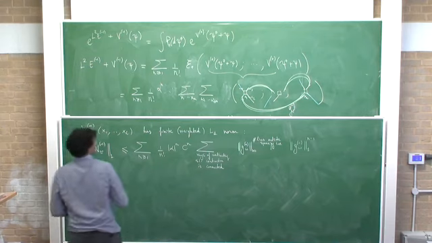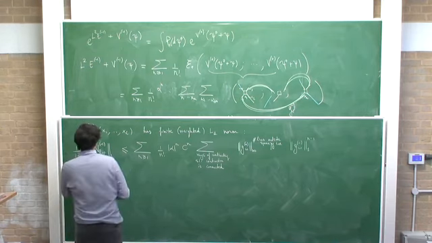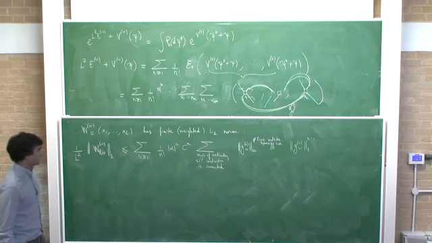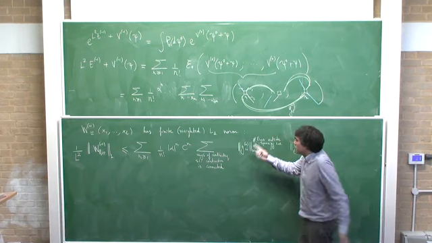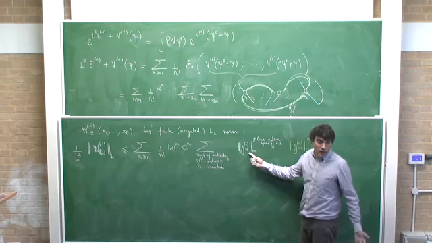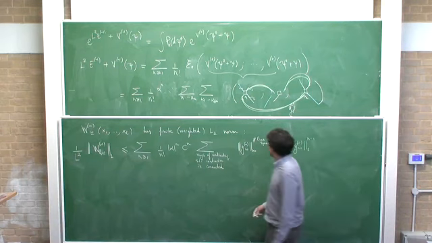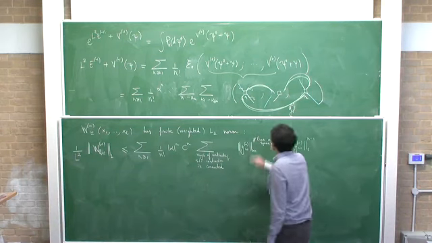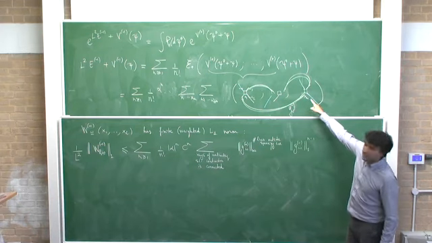Okay, good. Let me also add an L to recall the number of external legs. At the first step, everything is of order 1. This is order 1, these are just constants. But let me track the number of green lines, which is n minus 1.